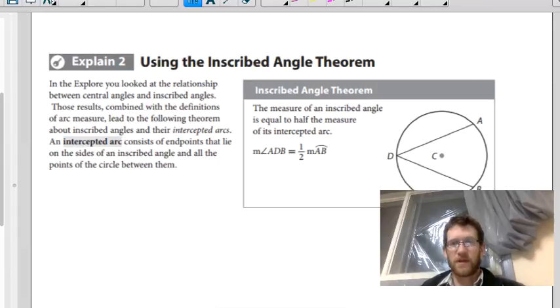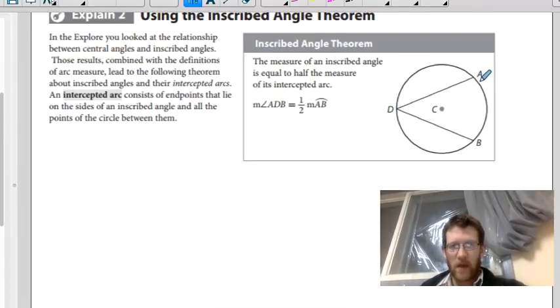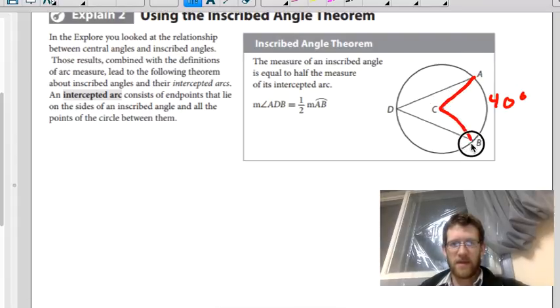Okay, so this brings us to the inscribed angle theorem, and it basically says that when you have an arc AB, let's pick a value for that. Let's say it's 40 degrees. So, if I had angle ACB, that'd be a 40-degree angle, right?